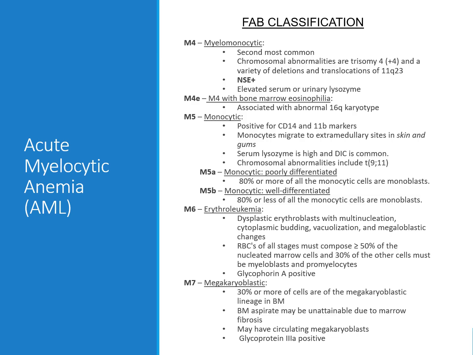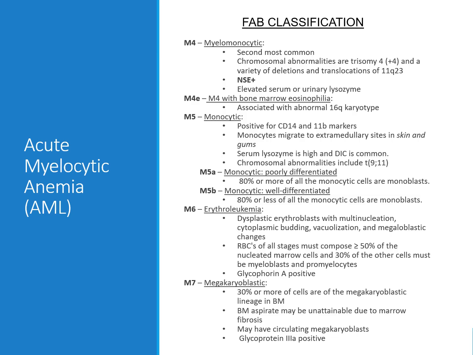So we're going to see blasts of a monocytic origin, but they aren't going to be well differentiated. Whereas in M5B, monocytic, well differentiated, we're going to see 80% or less of all the monocytic cells are monoblasts. So that 80% is going to be kind of a key there, differentiating between M5A and M5B.